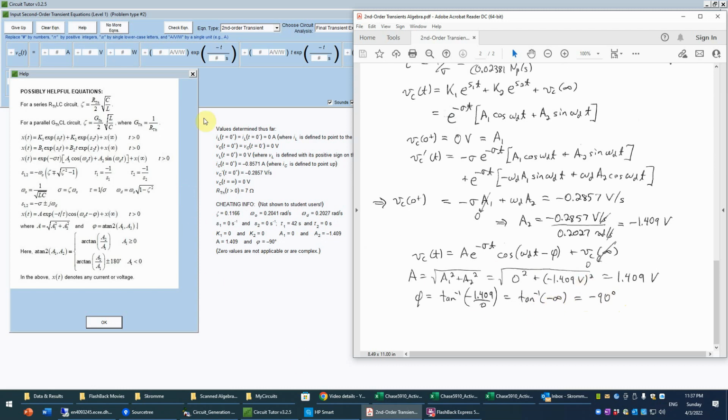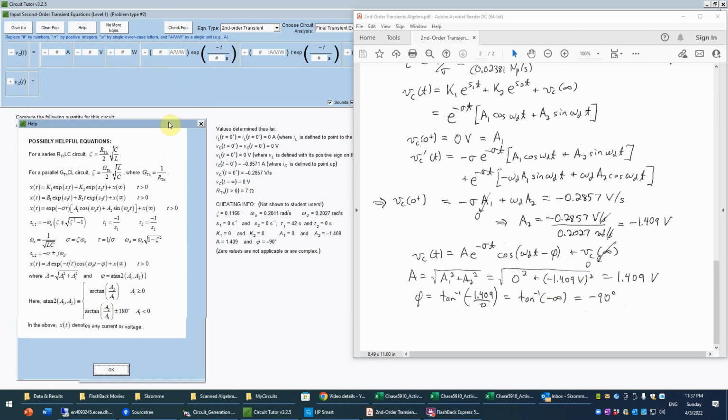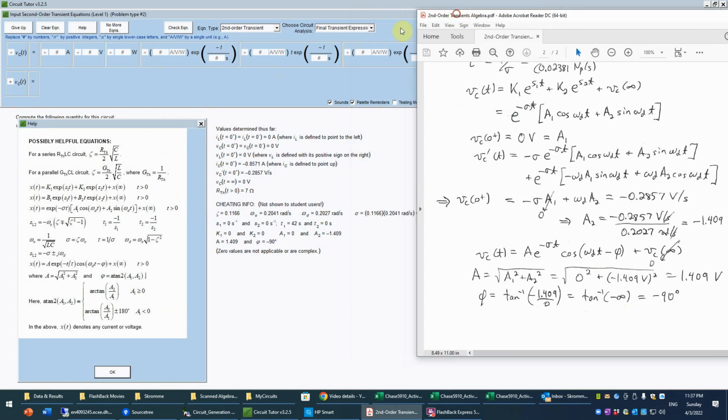Now we have all the parameters we need to enter, and we need the underdamped term, which is this term here. So click on that. Let's do the unit first, because we know it has to be amp, volt, or watt, so we'll type volt to have a correct unit.